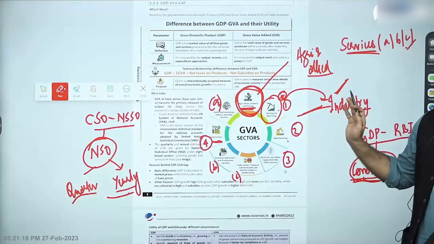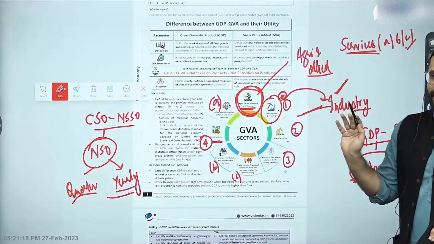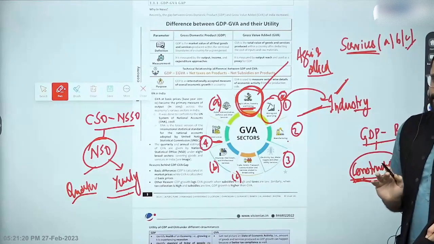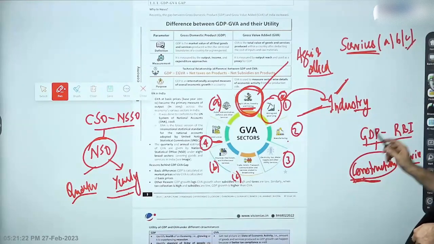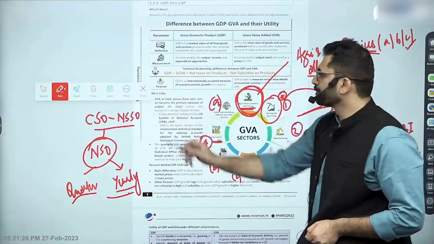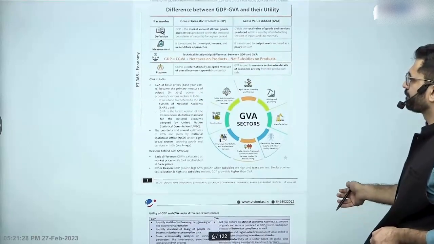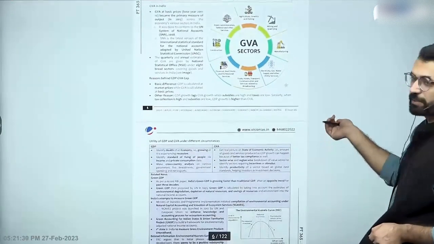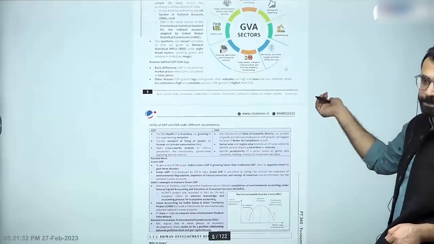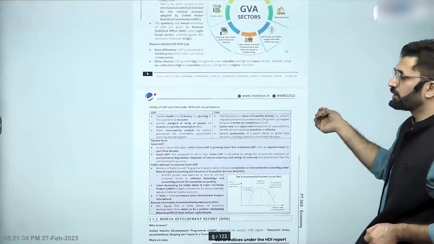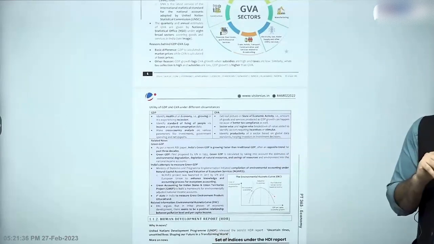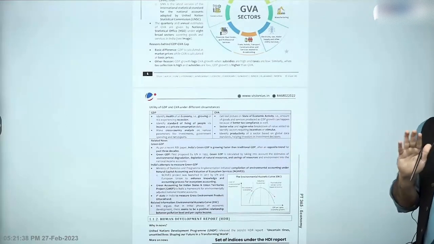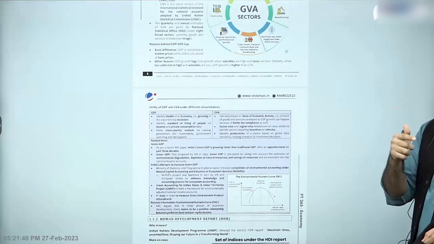I hope this is clear, and why there is a mismatch between GDP and GVA. What's the base year for GDP in India? 2011. The methodology was changed in 2015. I hope it is clear what the methodology is. I think UPSC Mains has asked this question.